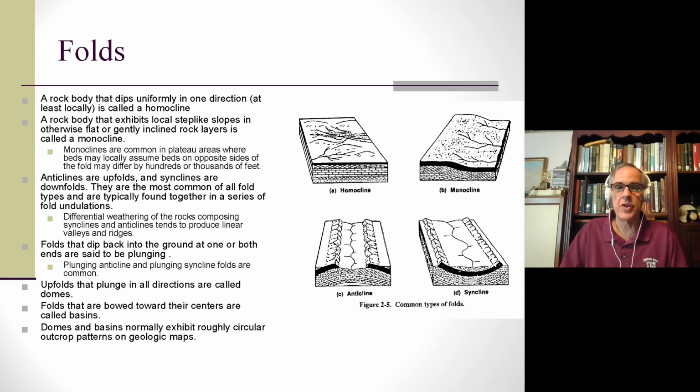You'll also notice in those diagrams that in some cases the layers can be broken, and once you get that kind of break, erosion by a creek or a river or whatnot can further accentuate that.